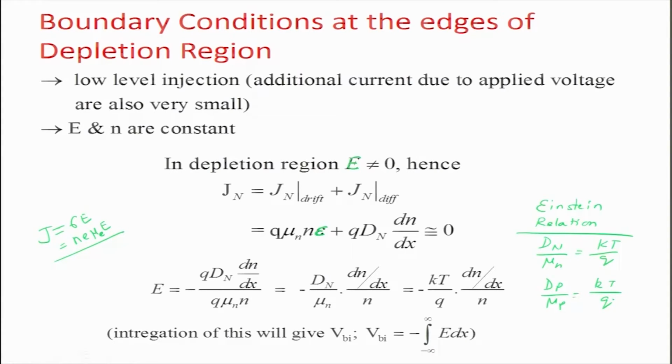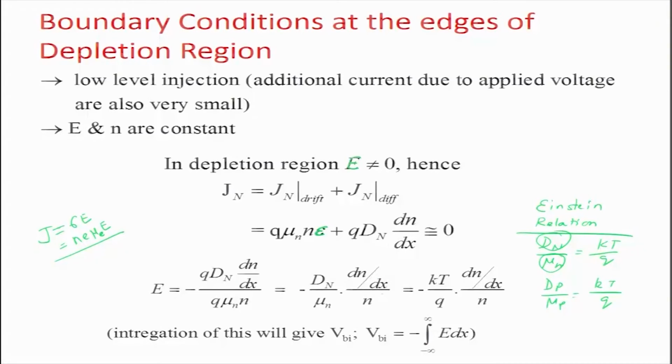So, the Einstein relation is an equation that relates the diffusivity with the mobility. You can see that D is diffusivity and mu is mobility, the carrier mobility and carrier diffusivity. So, it relates the microscopic parameter mobility to diffusivity, and hence if I replace Dn by mu n by kT by q by virtue of the Einstein relation, I get this relation.